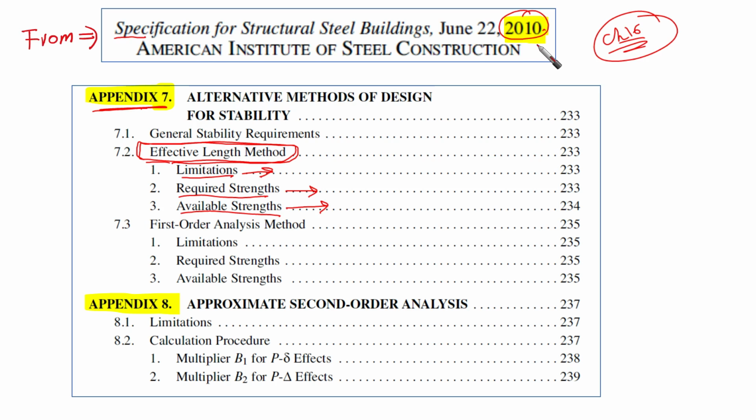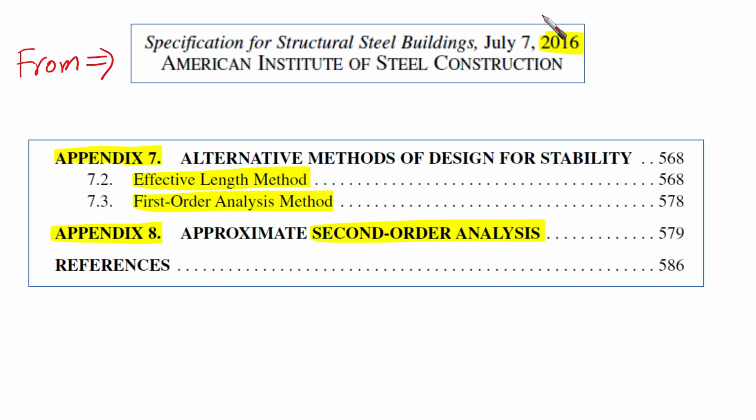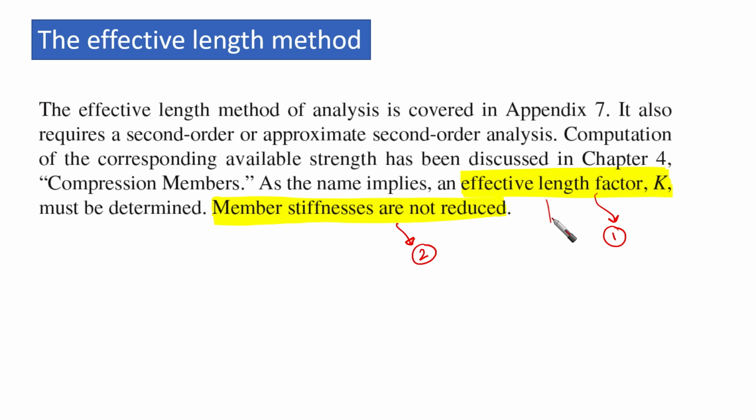This is in the 2010 version. For the 2016 version, you're going to find the same also in Appendix 7, effective length method, page 568. Okay. Remember the two conditions that I have mentioned.